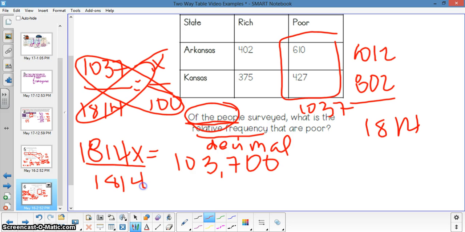And now I have to get X by itself. And I get 57.2.